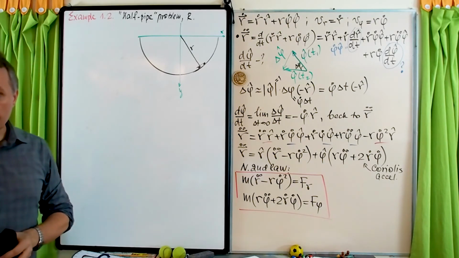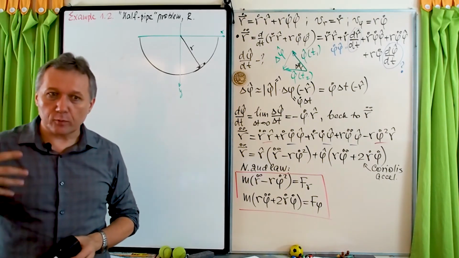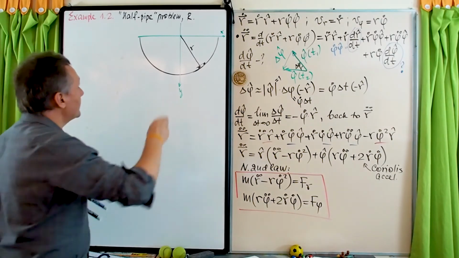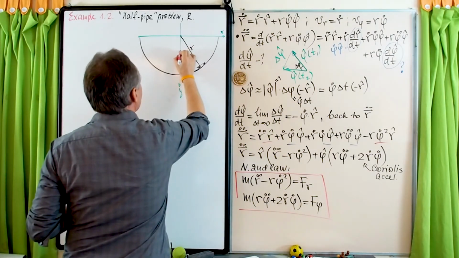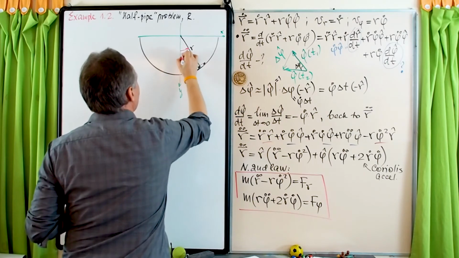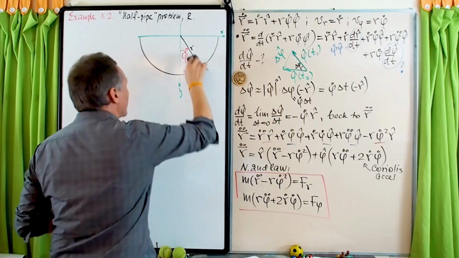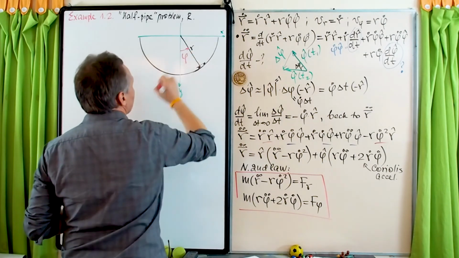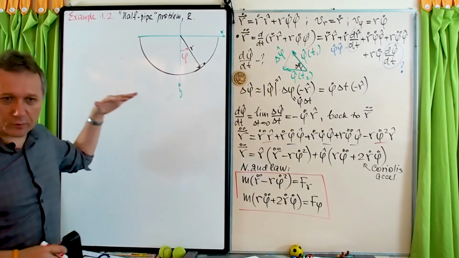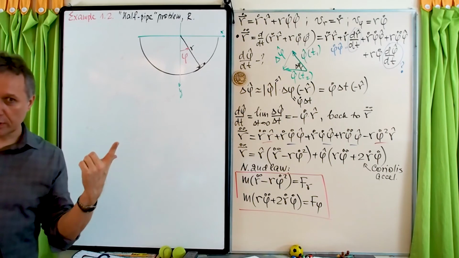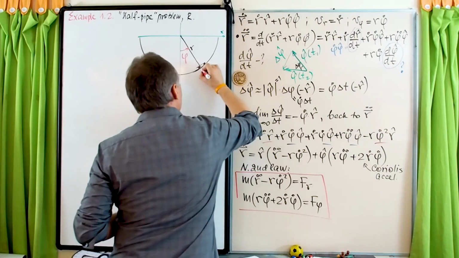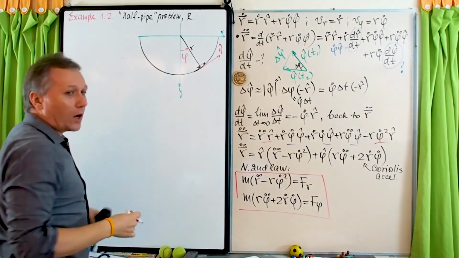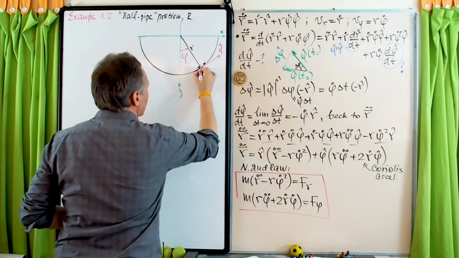This problem is actually important to show from which direction phi increases. In this case, I decided to measure phi from this direction. Phi increases that way. So it means phi hat points that way. So that's my phi hat. For r, there is only one choice.